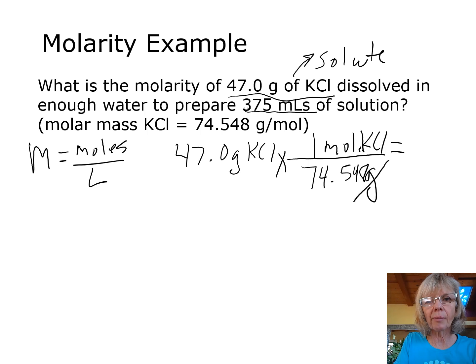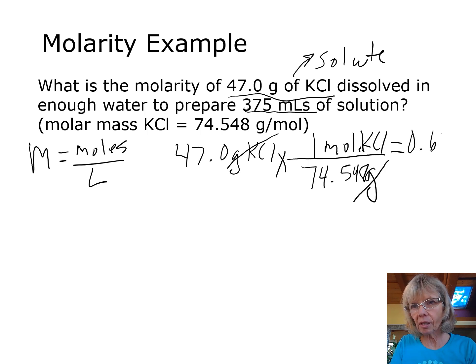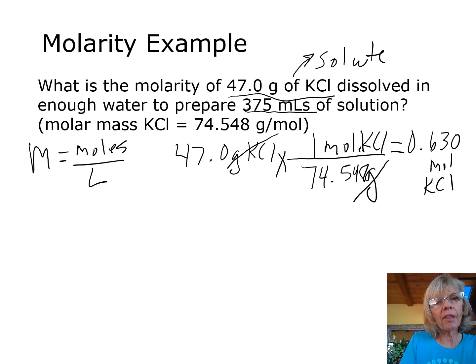Okay, so then our grams of KCl cancel. We end up getting moles of potassium chloride, and those moles equal 0.630 moles of potassium chloride, our solute. And then again, our formula is moles of KCl per liter of solution.